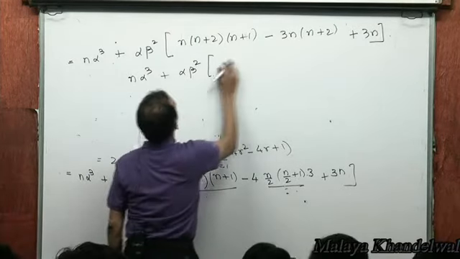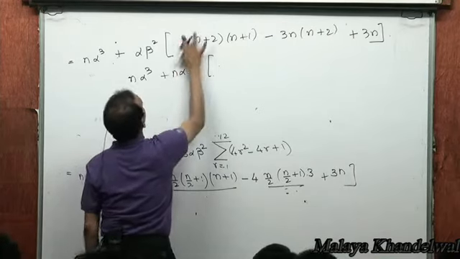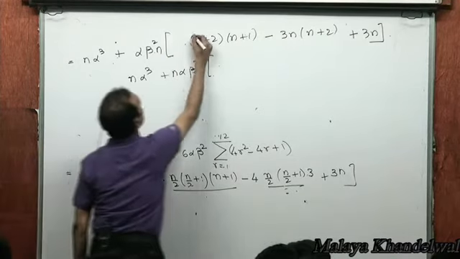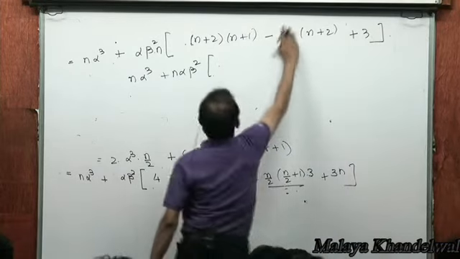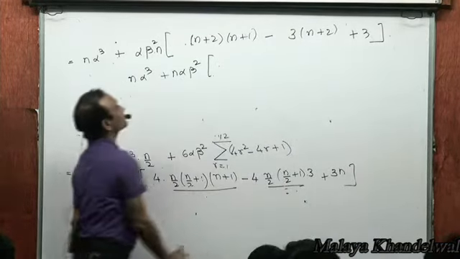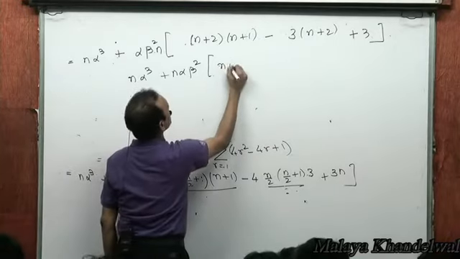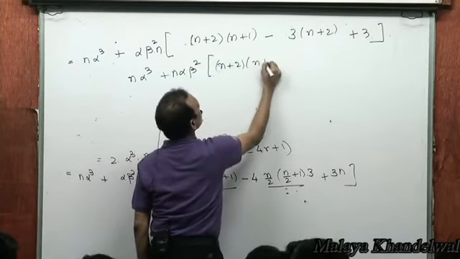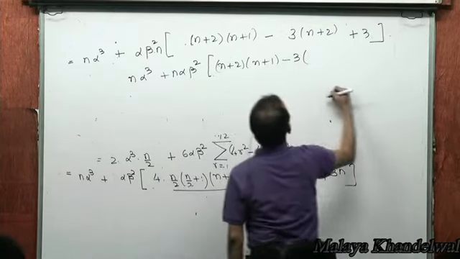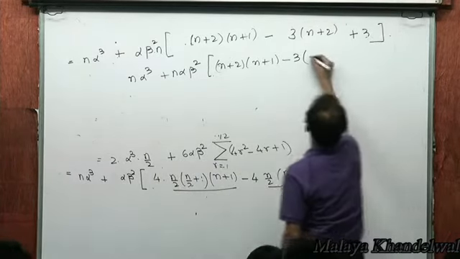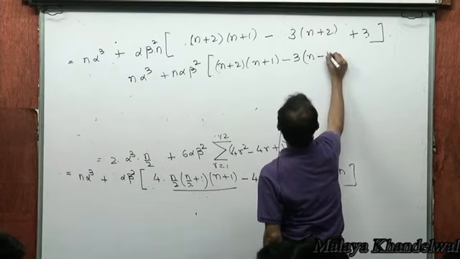I can take n common. This n can come out. Plus 3, right? Which gives me n plus 2 into n plus 1 minus 3 into n plus 2 minus 3, which makes it n minus 1.